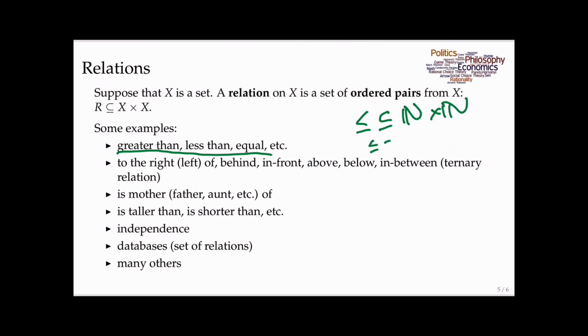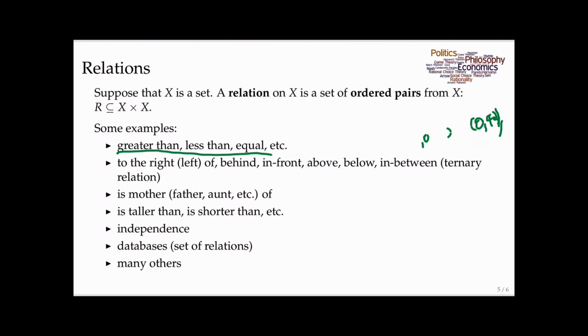Less than or equal to, for example, is going to be an infinite set, of course, but it's going to contain (0, 0), it's going to contain (0, 1), (0, 42), and so on. So this relation, less than or equals, is a collection of ordered pairs. It's a collection of pairs of numbers where the first number is less than or equal to the second number.